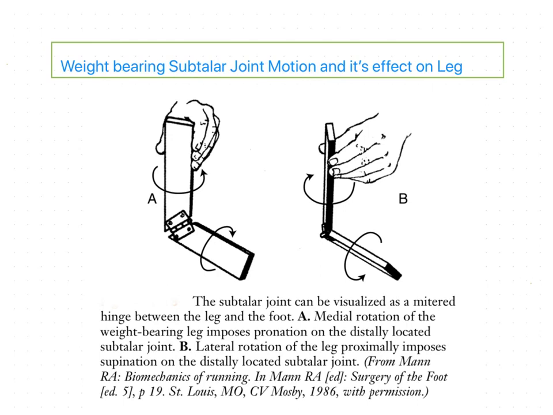Okay, so if you see, this part is the leg and this one is the subtalar ankle joint, and these are the subtalar joint motions here. Now, a medial rotation of the weight bearing leg imposes pronation on the distally located subtalar joint.